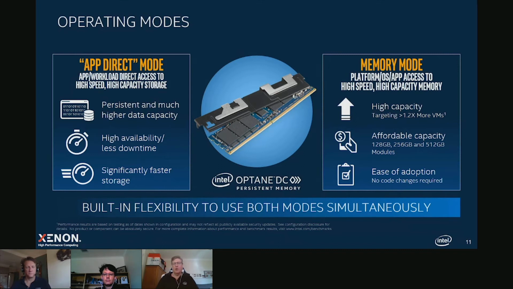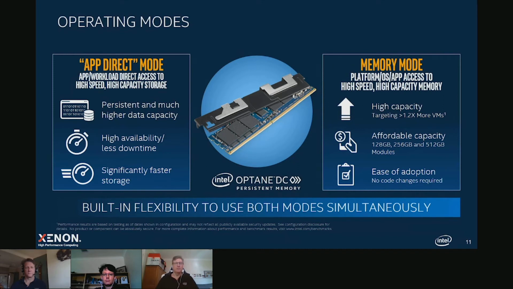And when it's operating in memory mode, where the persistent memory is handling all the caching for the DDR as well, there is very easy adoption. No code changes required, no operating system changes.